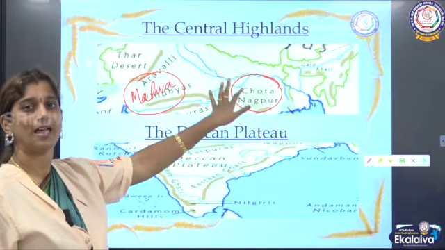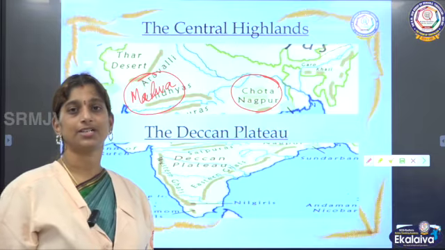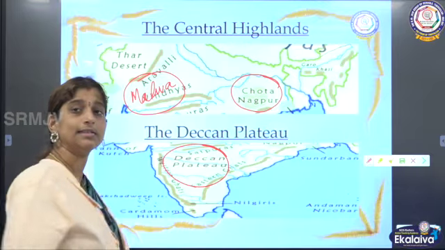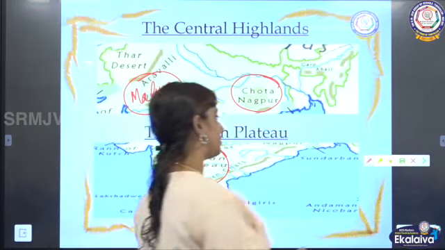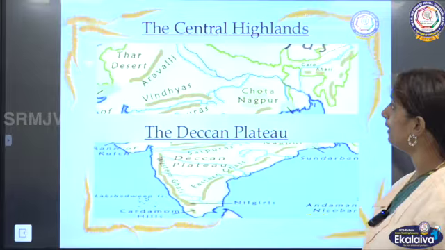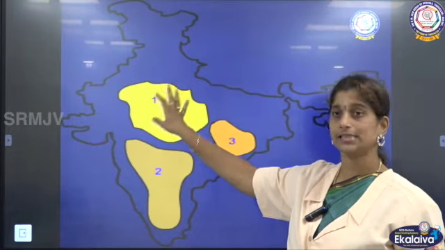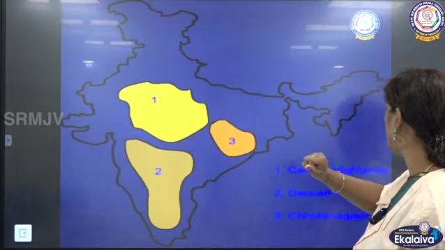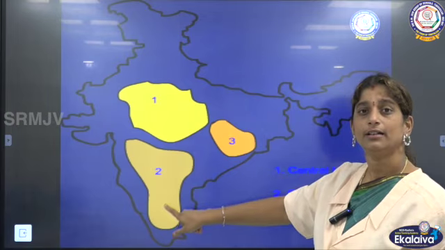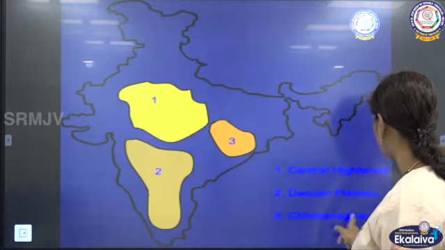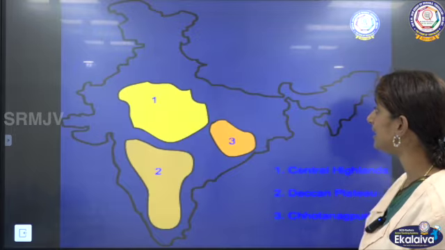These two plateaus together we call the Central Highlands, and then we have the Deccan Plateau in the southern part of our country. Here you could see this part is Central Highlands, here we have Deccan Plateau and this part is Chota Nagpur Plateau. So let us see about that in detail now.